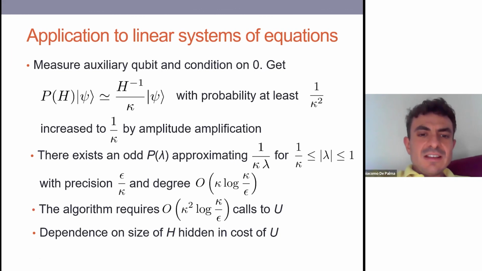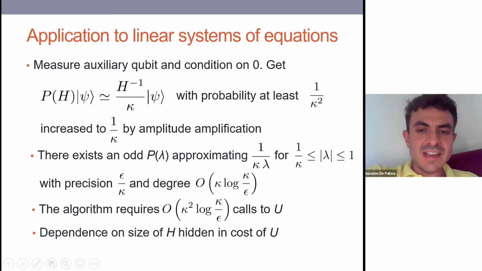You will have noticed that there is no dependence on the size of the Hamiltonian H, but this cost is actually hidden in the cost of applying U once, because U is a block encoding of H, and of course the complexity of implementing U once will depend on what H is.